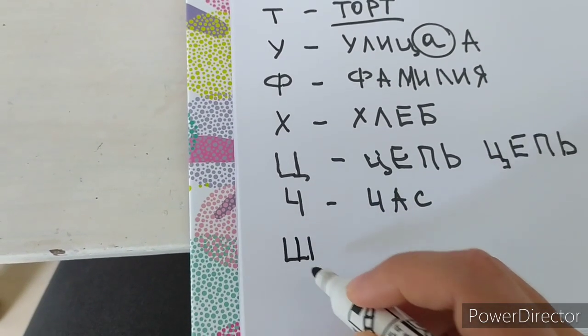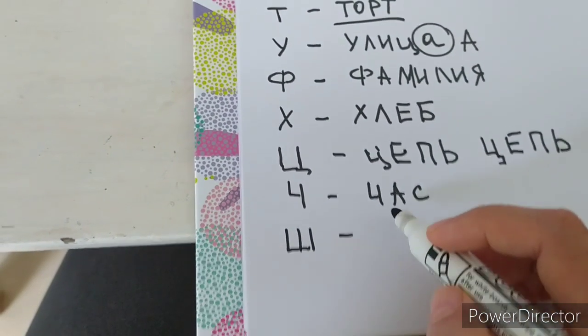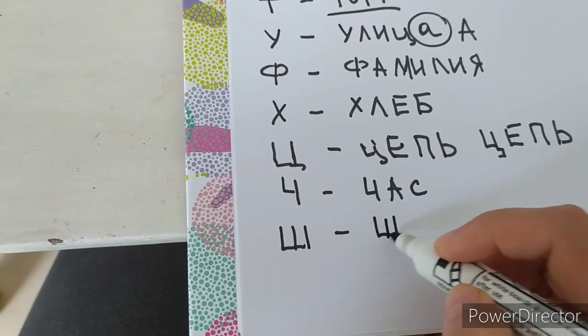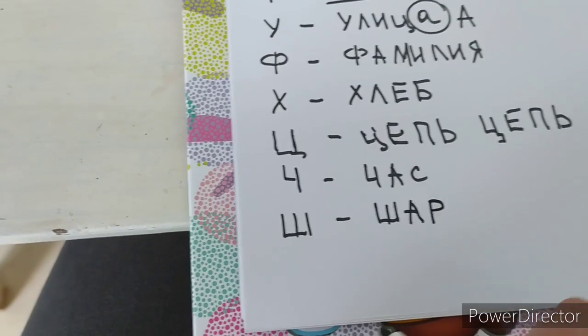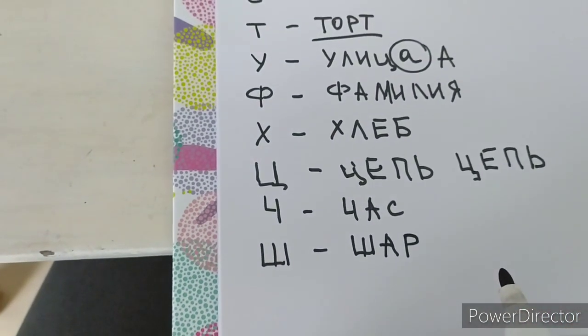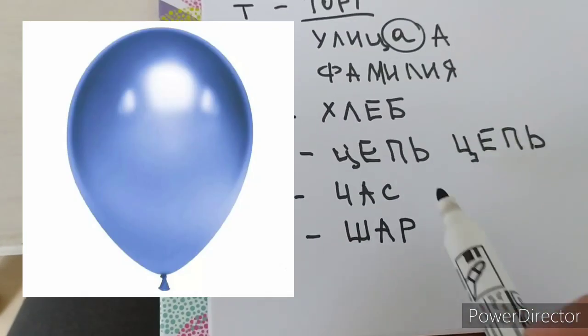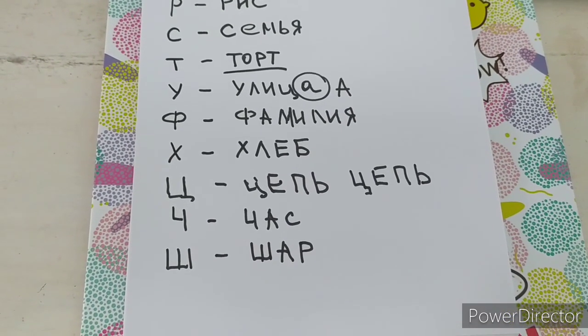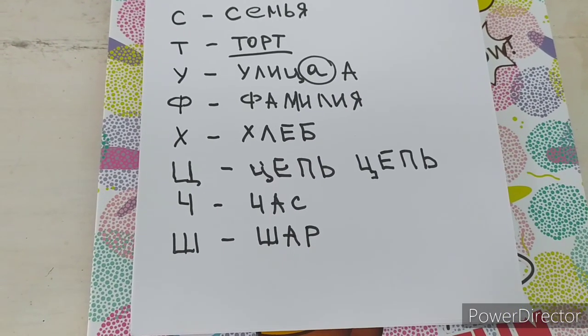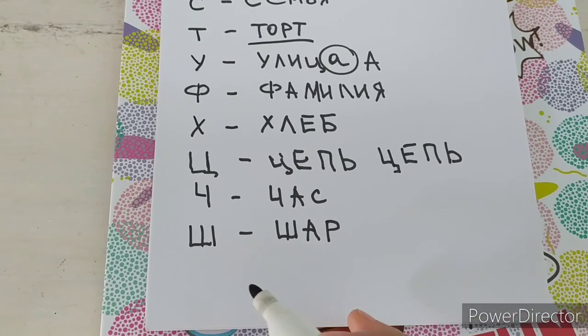Ш. Шар. Yeah, шар. We can translate it as a balloon, yeah. Okay, not so many letters left, so let's finish.